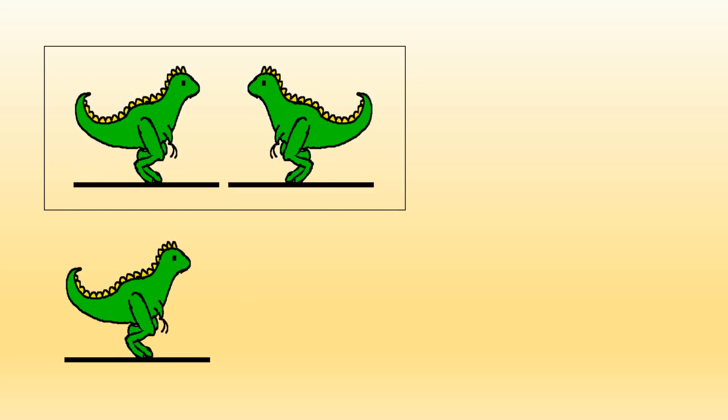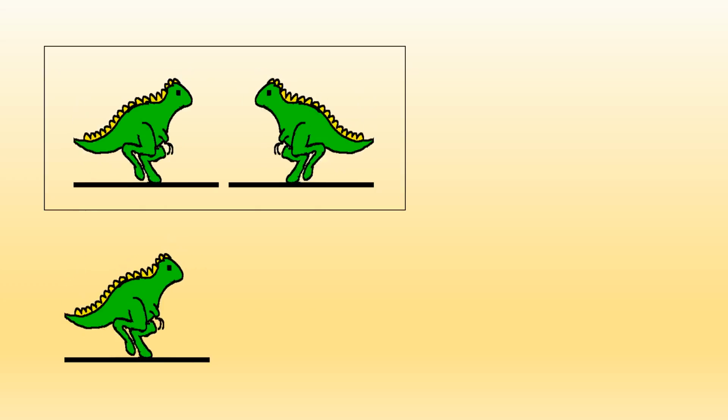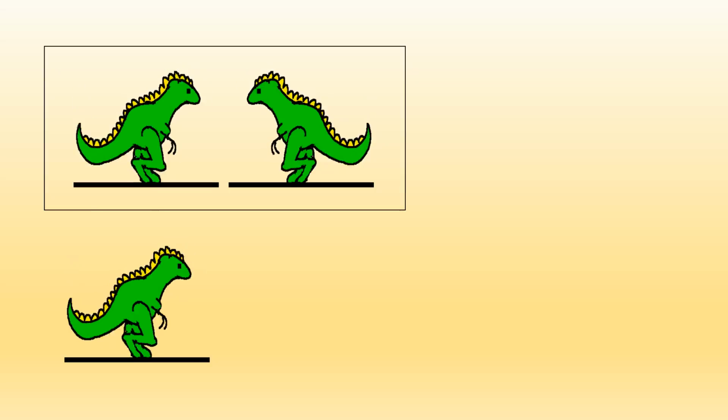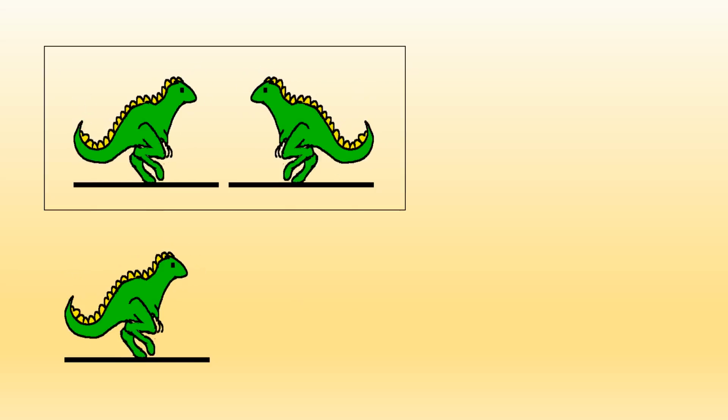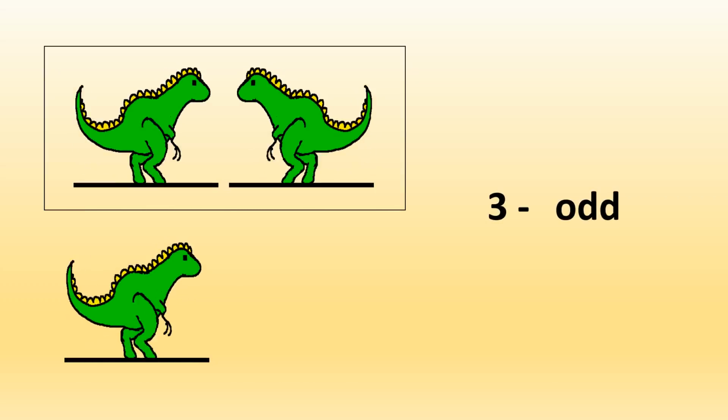Can we put the dinosaurs in groups of 2? Oh no, we cannot because the third dinosaur is all alone and does not have any friend to talk to. So we can say that 3 is an odd number.